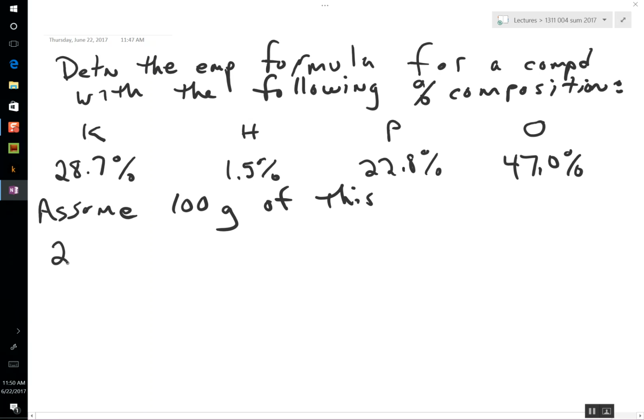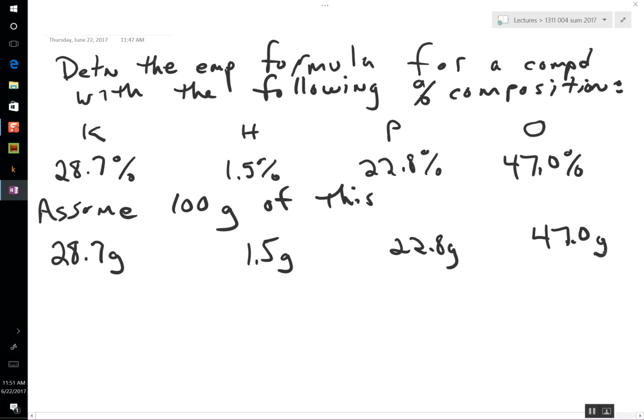In 100 grams, you would have 28.7 grams of potassium, and you'd have 1.5 grams of hydrogen, and you'd have 22.8 grams of phosphorus and 47.0 grams of oxygen.